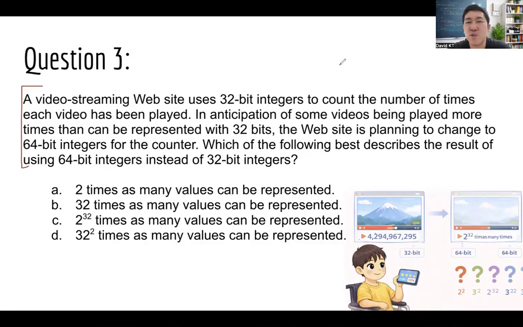Remember, originally we could store 2 to the 32 power different things. Well, now if you store 2 to the 64th power, how many times more things can be represented? That's right, 2 to the 32nd power times more can be represented. The answer is C.